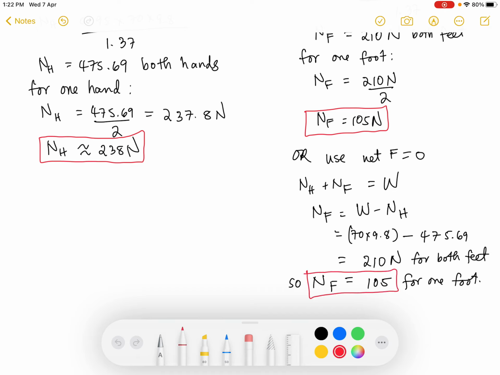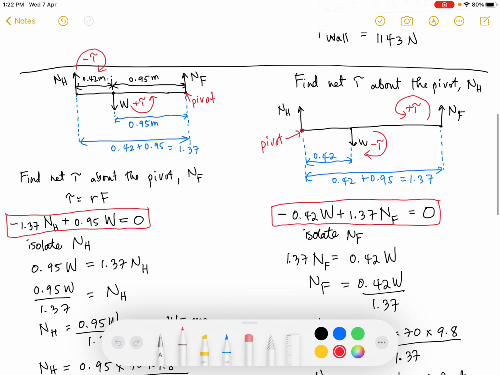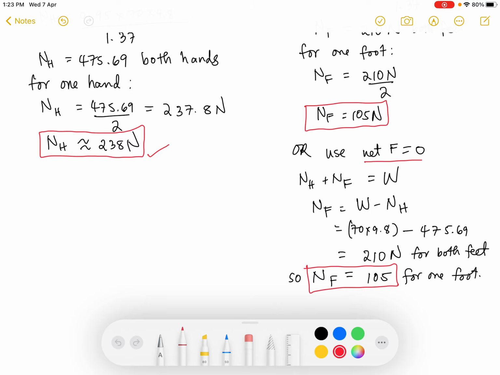Once you have NH, you can do net force is equal to 0, and you get the normal force on both feet. By dividing that by 2, you get the normal force on 1 foot. Or you can do the torque equation, putting your pivot point at NH, you get the normal force on the foot NF, which will work out to be the same value as when you use net force is equal to 0.